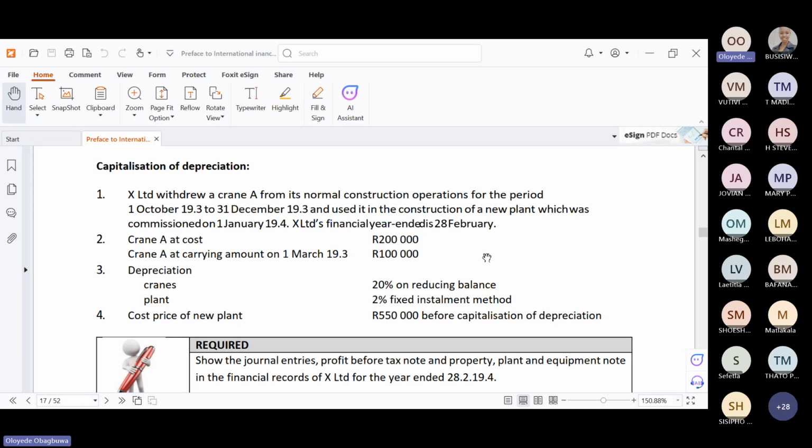Now the crane was withdrawn for the period of 1st of October 1903 to 31st December 1903. It was withdrawn in this period, October, November, December, and used in the construction of a new plant which was commissioned. So I think that is where we need to take note.